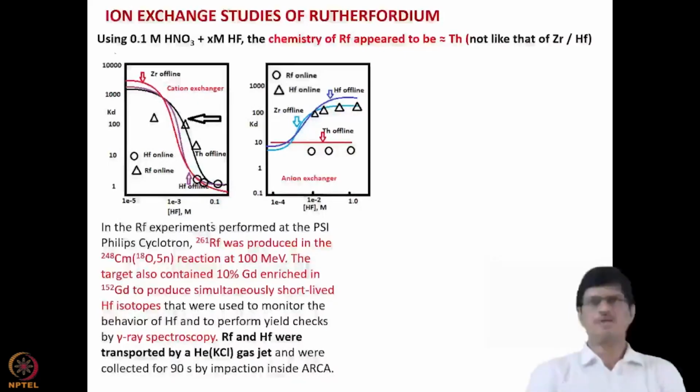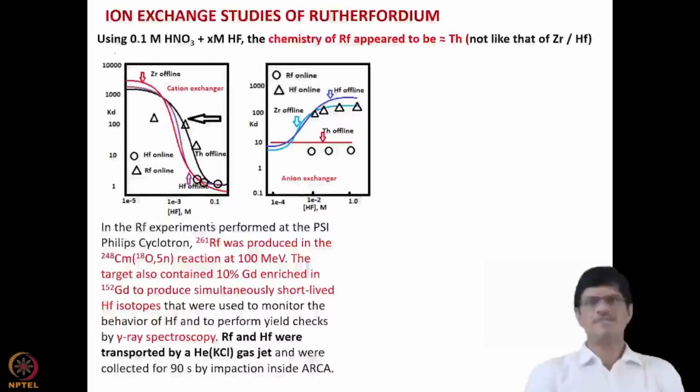In the anion exchange regime, at lower concentration of HF, because anionic complexes are not formed, the uptake onto the anion exchange resin is not there. You find very low Kd values. But at higher concentration of HF, anionic species are formed, and then the Kd values go up.